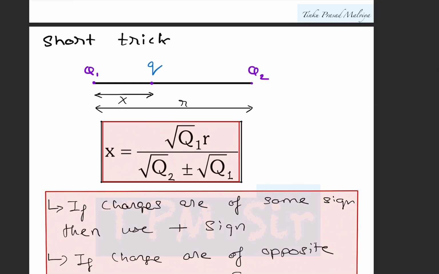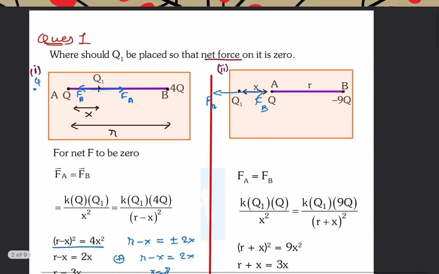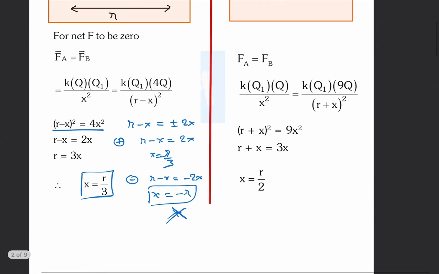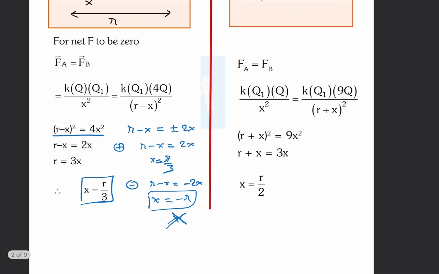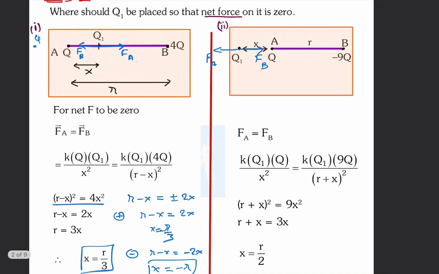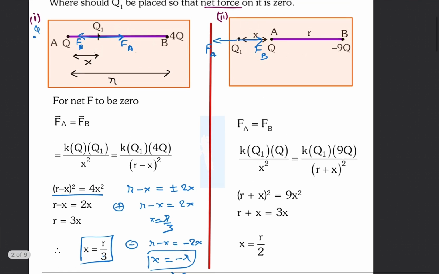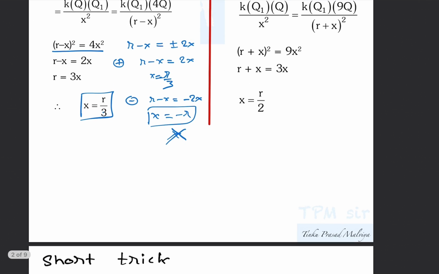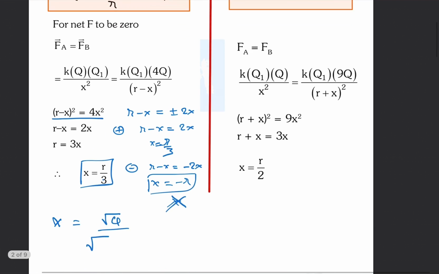And let's check it. So here we are finding distance from small q, meaning the charge of low magnitude. So I will write x is equal to root q. You have to put the value of the charge from where you are calculating distance. So root q upon under root of the charge of bigger magnitude, that is root 4q.